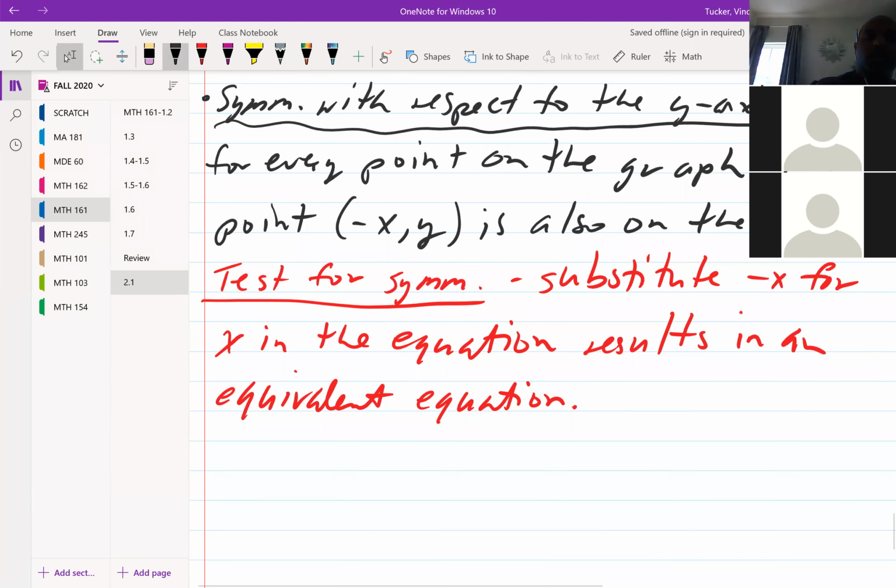So we have symmetric to the y-axis. We also have symmetric to the x-axis, and then symmetric with respect to the origin. So we have three of them all together.